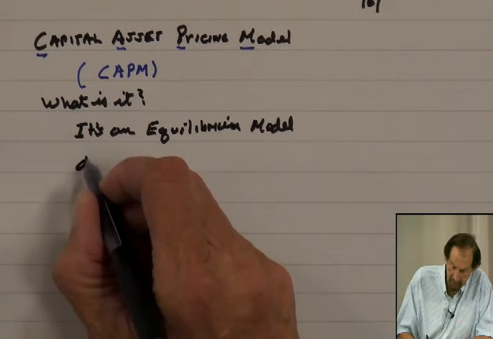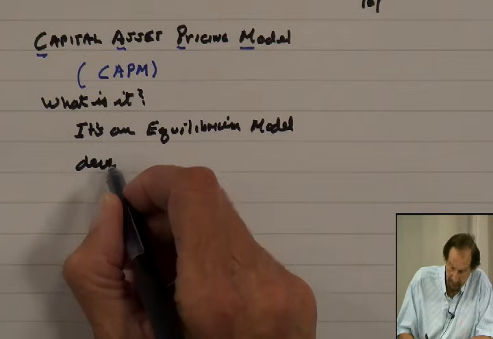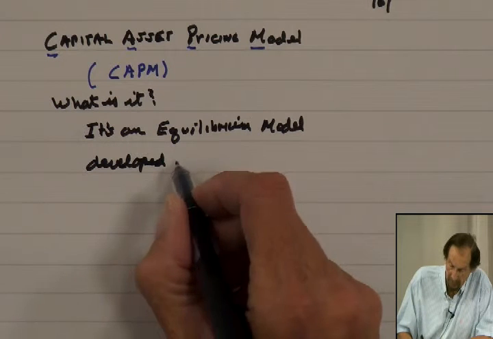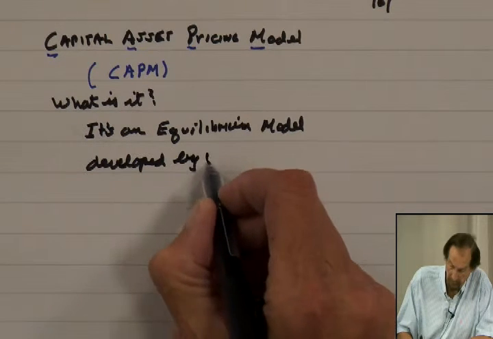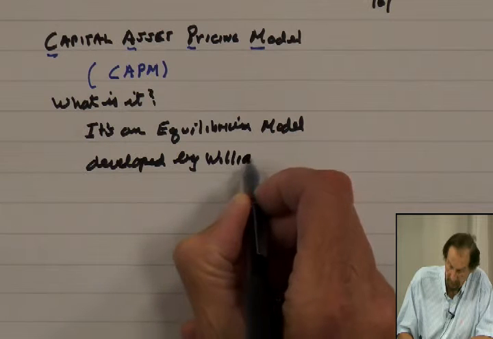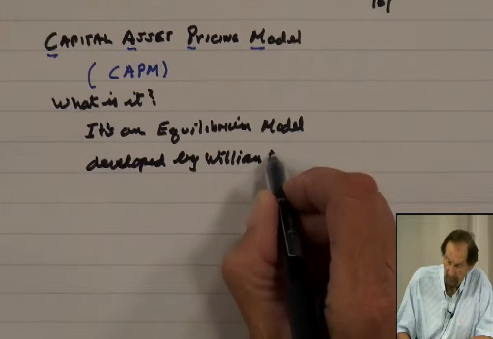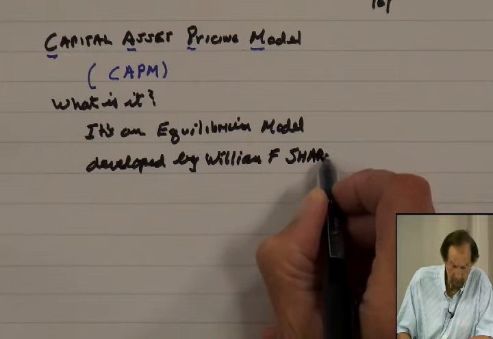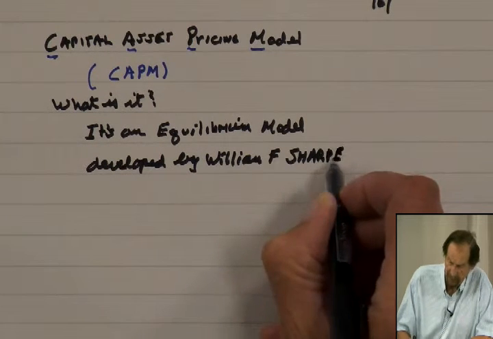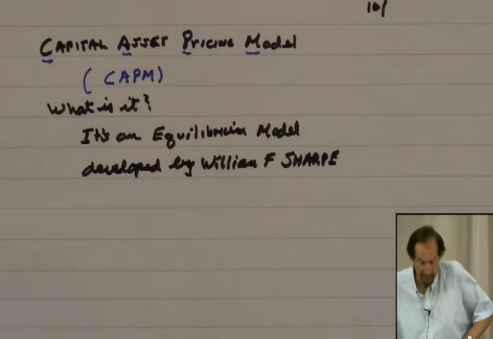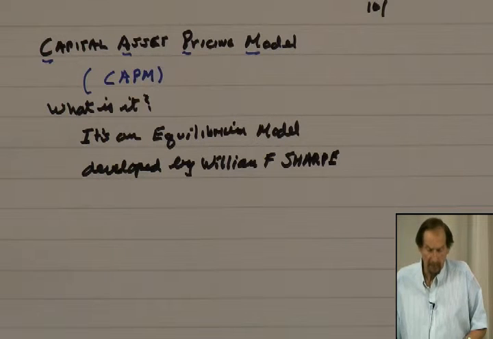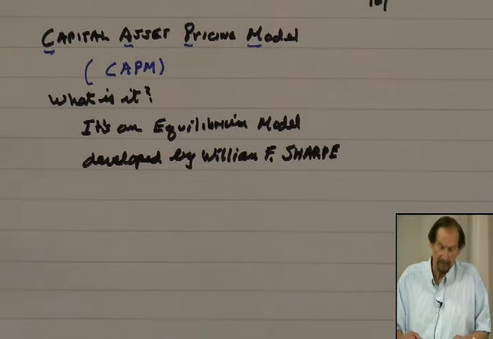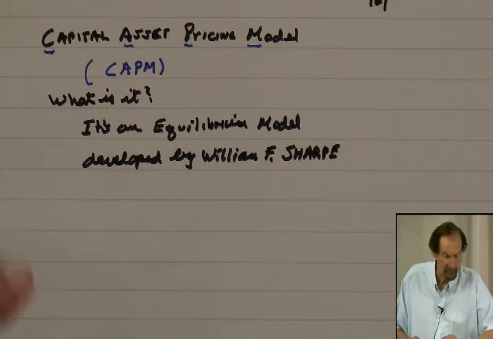that was developed by William F. Sharpe. You can see his name in our textbook when they talk about the Sharpe method for evaluating whether a portfolio is efficient or not.